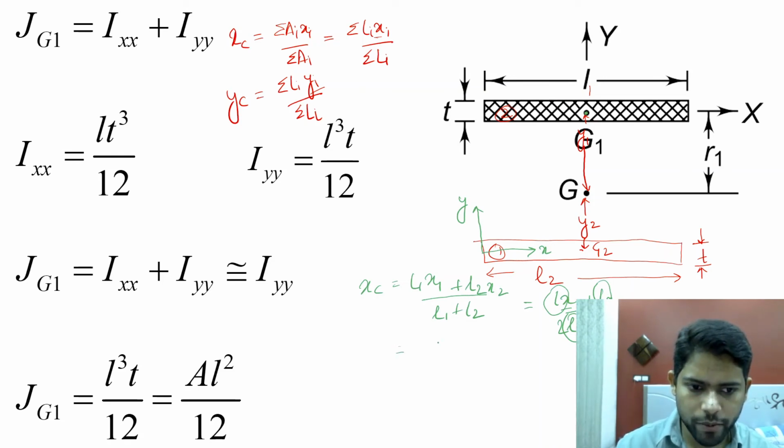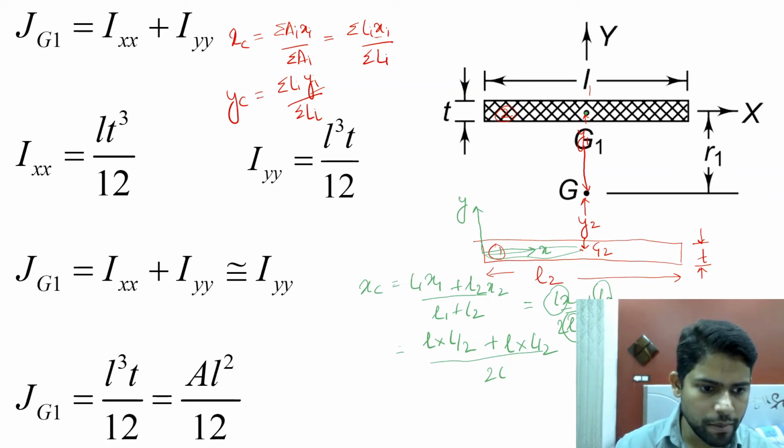So it will be equal to L multiplied by L by 2 plus L multiplied by, again this distance is L by 2, upon 2L. It will be equal to L square upon 2L. This will give you L by 2.